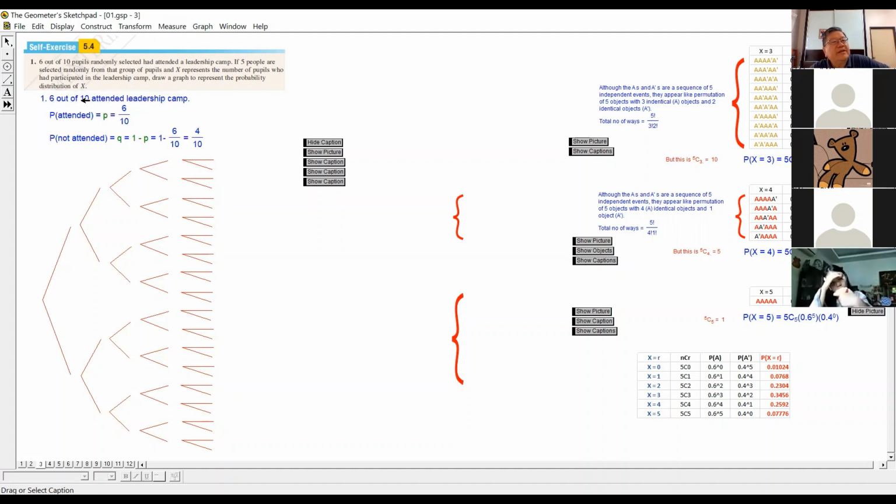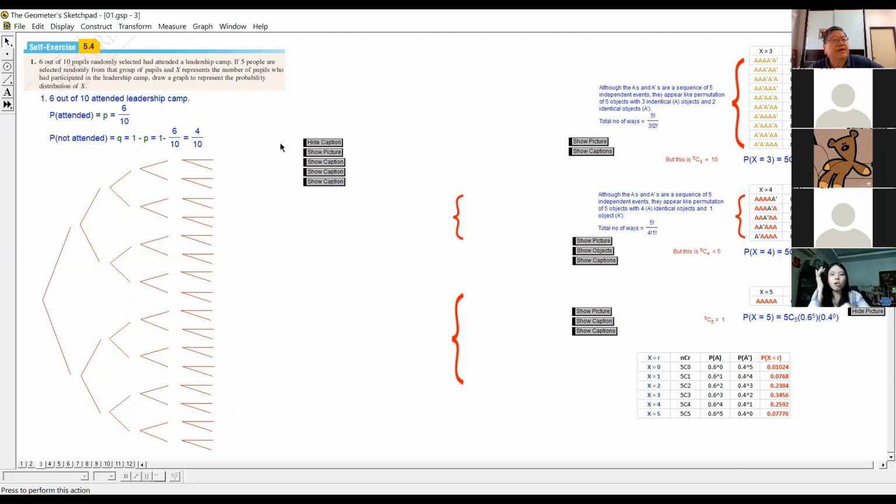So they say 6 out of 10 attended the leadership camp. 6 out of 10 is actually telling you the probability. What probability is that? Probability of attended the course, or you can say probability of success.